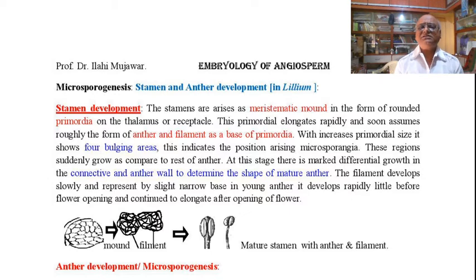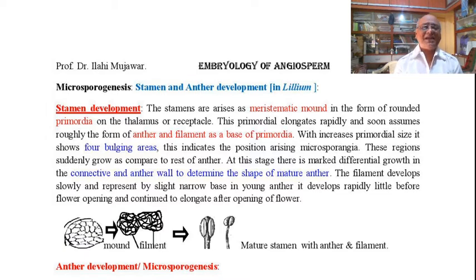In some cases, generally in grasses or the family Poaceae, the anthers are versatile in nature, where they freely swing in the air. The anther has a vasculature system to supply nutrition, dorsal as well as ventral.